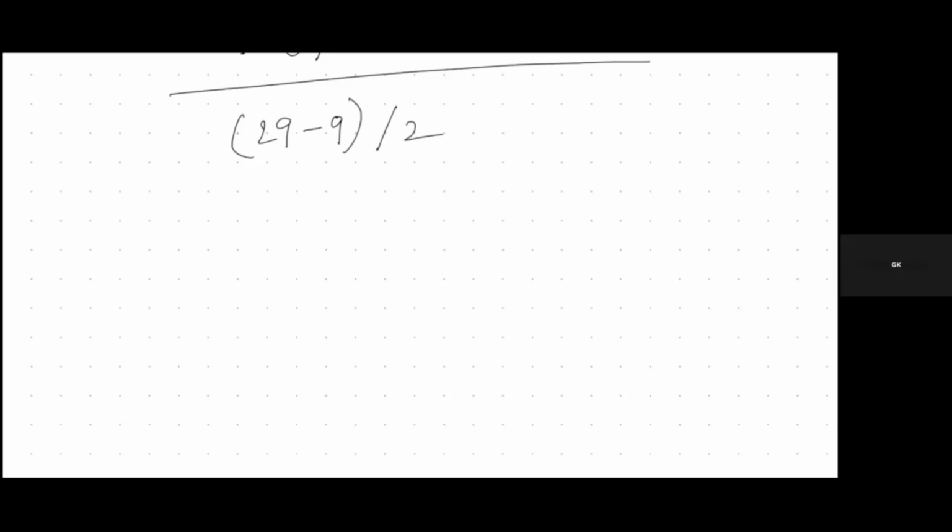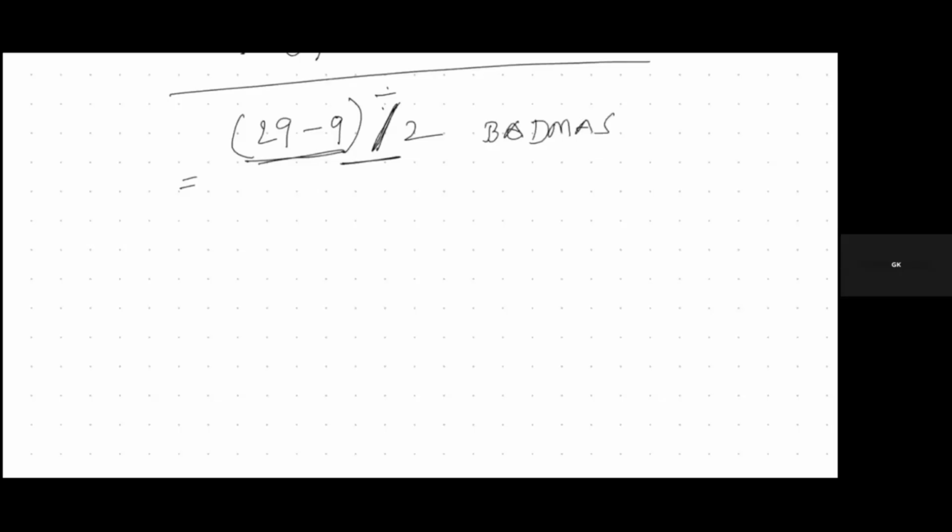So in this case, the division sign is coming first, but we are not dividing; we are solving the bracket first. BODMAS rule says bracket, of, division, multiplication, addition, and subtraction.